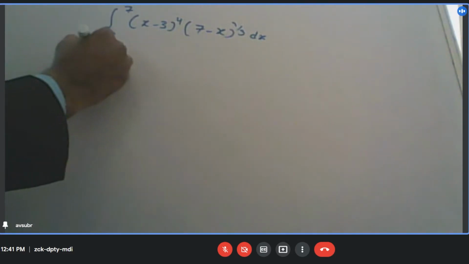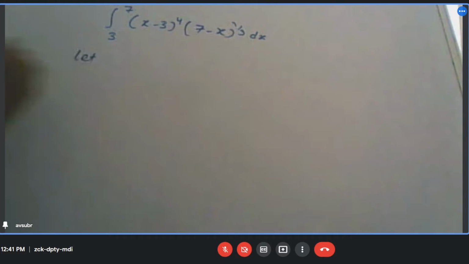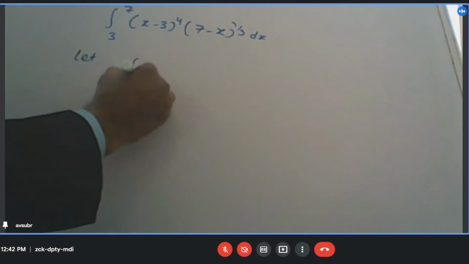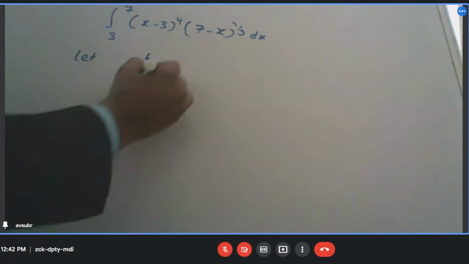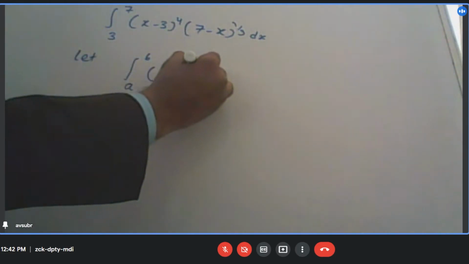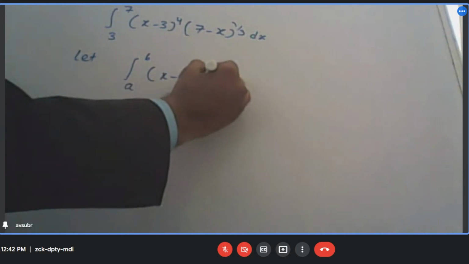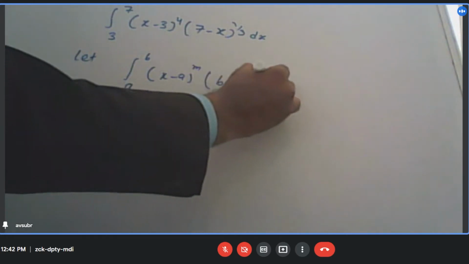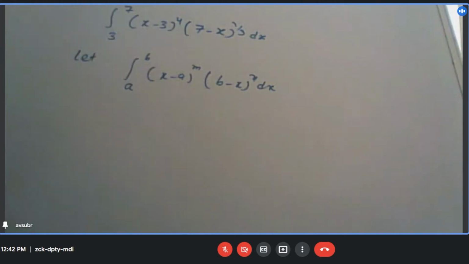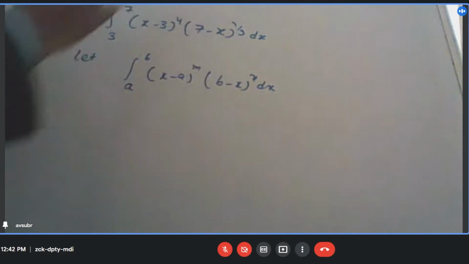So in order to solve this, we will evaluate one integral, the integral from a to b of (x minus a) to the power m and (b minus x) to the power n dx. ये इसी फॉर्म का इंटीग्रल है, यहाँ पर a 3 है और b 7 है. ठीक है? तो बाकी तो कुछ नहीं है चेंज. m is 4, n is equal to 1 by 3.